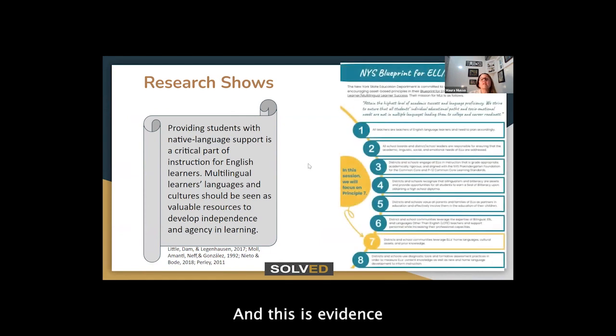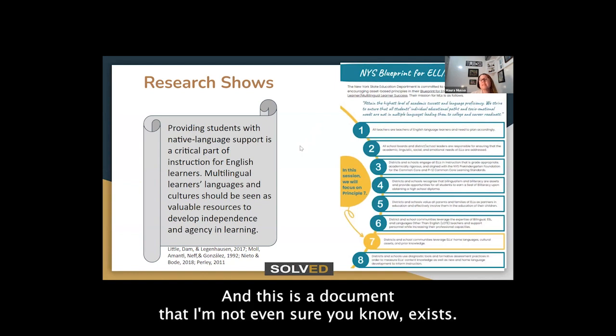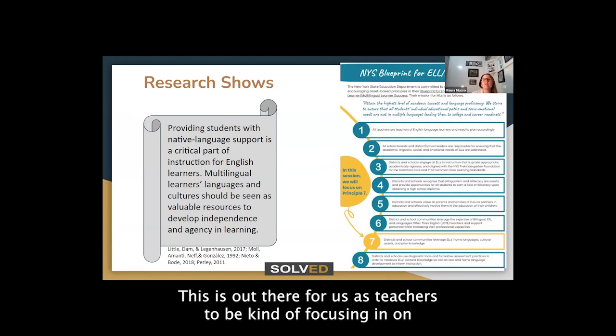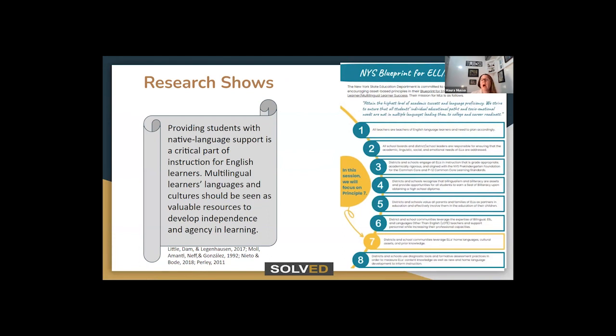And this is evident in the new New York State Blueprint for our ELL and ML students. This is a document that I'm not even sure you know exists. It's out there for us as teachers to focus on because the state wants to include strong support for our ELLs and MLs in our classrooms.